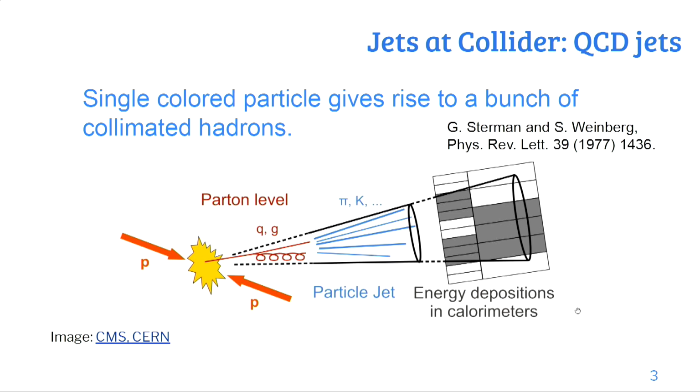Those hadrons are extremely collimated and are detected at the detector, and the collection of those collimated hadrons we usually capture and call a jet. That is the appearance of the QCD jet. They tend to be light and narrower in size.